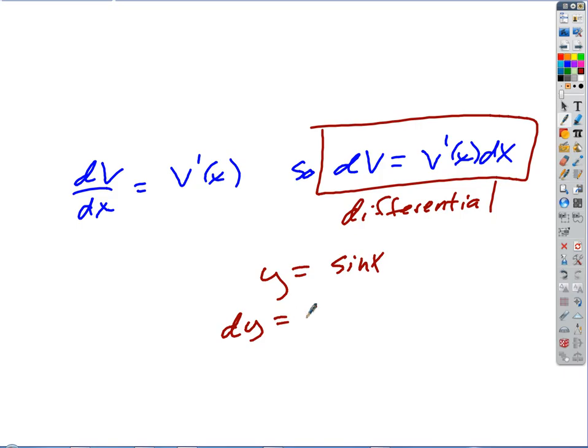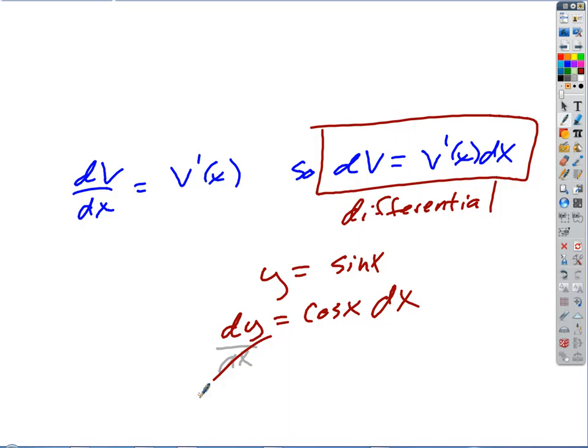Cosine x. So dy/dx equals cosine x, right? So I'd multiply both sides by dx and get dy equals cosine x dx.